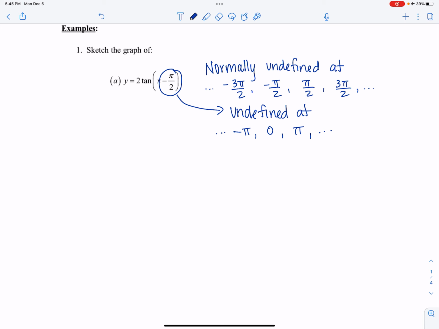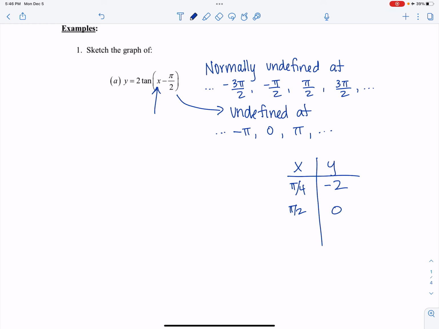So what does this mean? Well, let's take a look at some of our x values and y values for this function. If I plugged in a pi over 4, for example, as my x, then that's going to give me out a negative 2. And if I put in a pi over 2, that's going to give me out a 0.